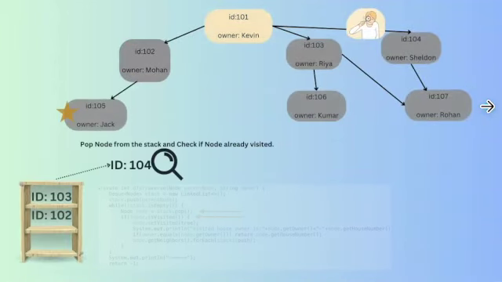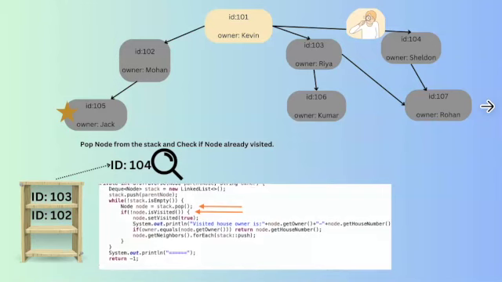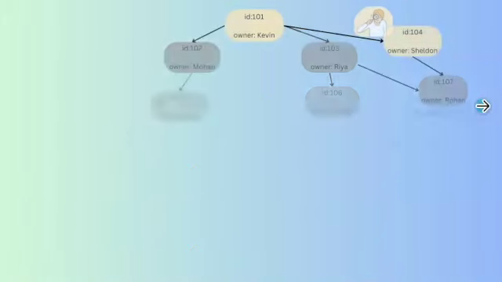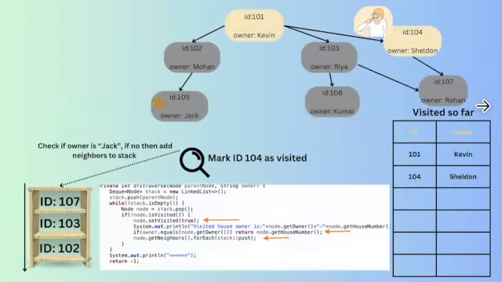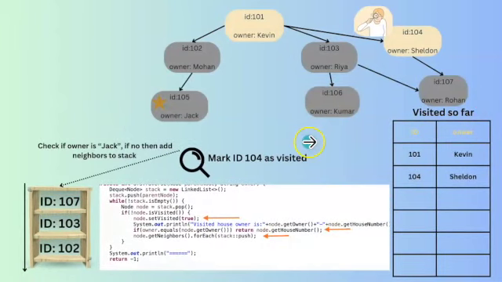Next, the code will pop the next item from the stack. As you can see, the last inserted was 104, which is Sheldon, and the code starts working on that now. It checks first whether this was already visited or not. Since it was never visited, it enters the loop, marks the node as visited, and checks whether the owner is Jack or not.